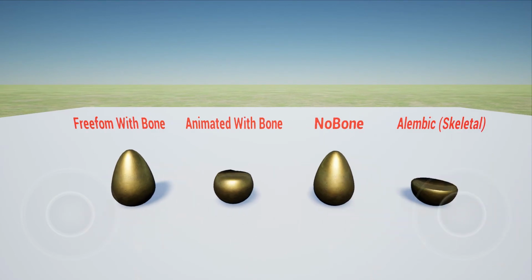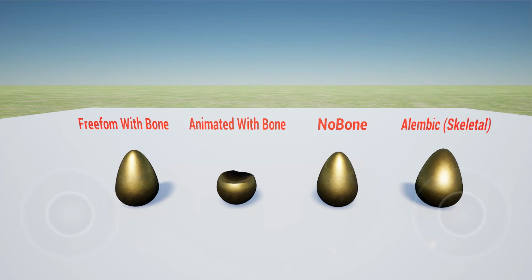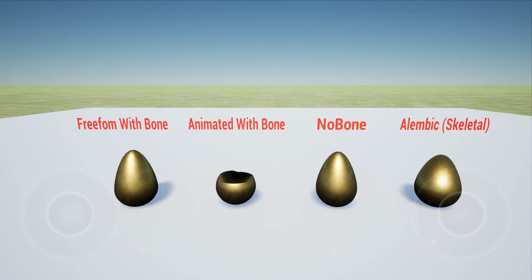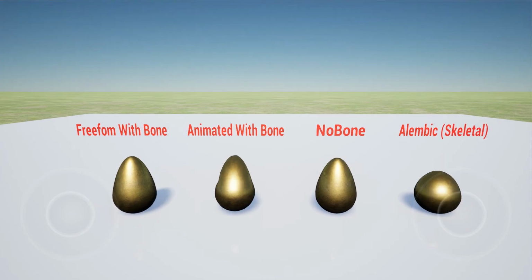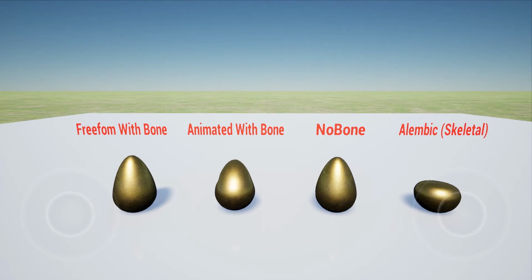So that's why the second and the fourth examples do not run animation. The second one does not run because it does not have any bone hierarchy. It doesn't matter how I animated the vertices, Unreal Engine is not aware of that, because Unreal Engine says, okay, I have no bones, so who cares about the vertex weights?